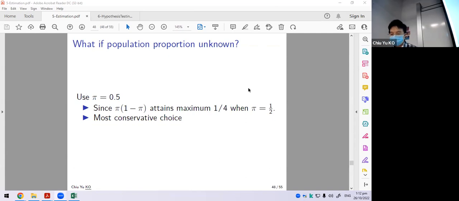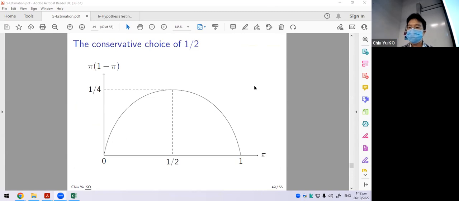It's very simple. The graph tells us about pi times 1 minus pi. When pi is 0, this is 0. When pi is 1, this is 0. And this is a concave function, minus pi squared plus pi, so it looks like this graph.